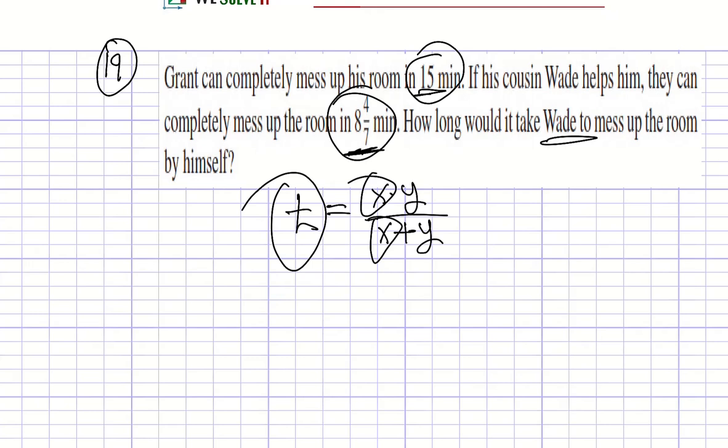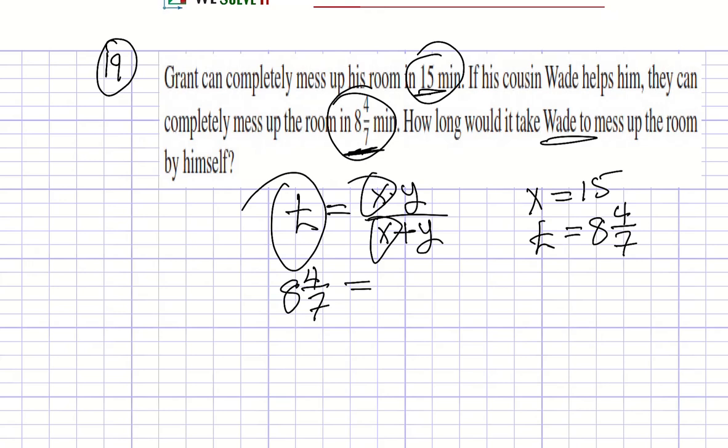Or if it confuses you, you can solve for y first, removing y from there, but let's put the stuff we have. We'll have 8 4 over 7 equals, because x is 15 and t is 8 4 over 7. That's what you're given. You put that in there.